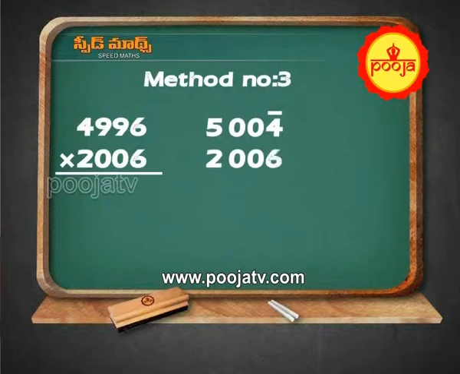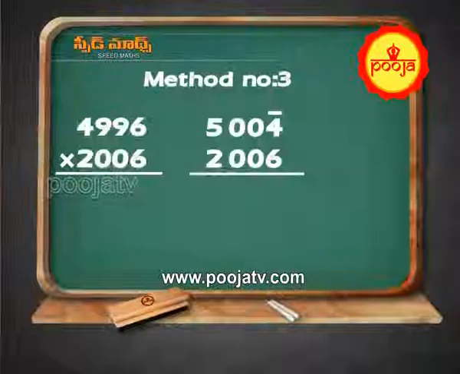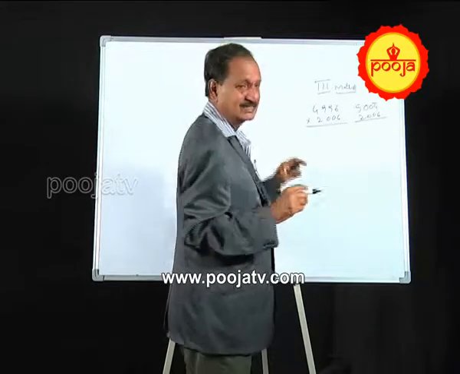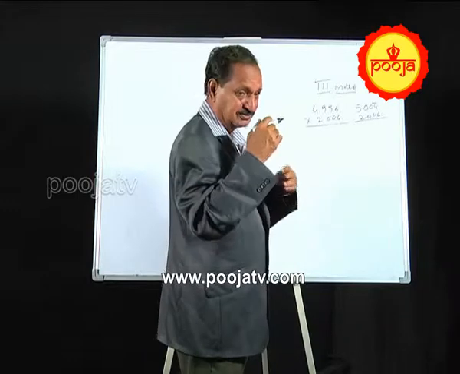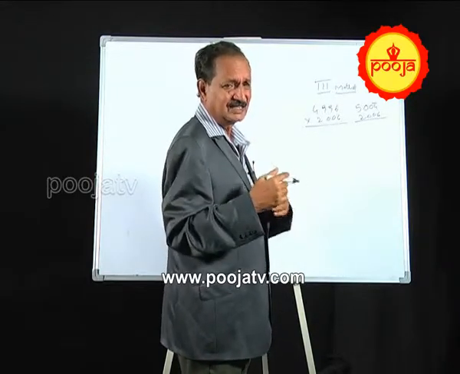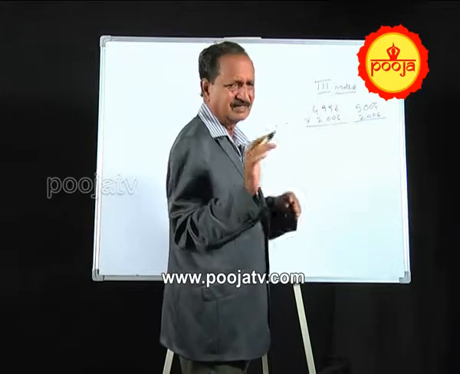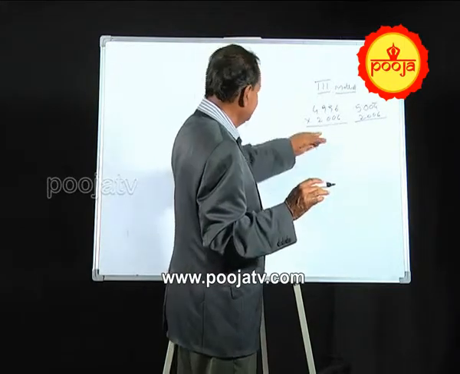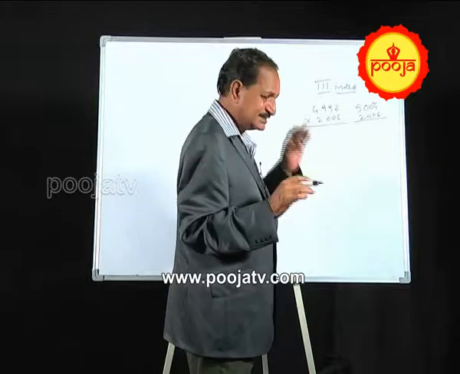Do not touch this 2006, write it as it is, because if you convert 2006, it will become 3000 minus 994, that is another headache. So, this is the advantage of speed maths. In general maths, if you have a change in the numerator, automatically you have to change it in the denominator. Here, wherever it is necessary, you convert.